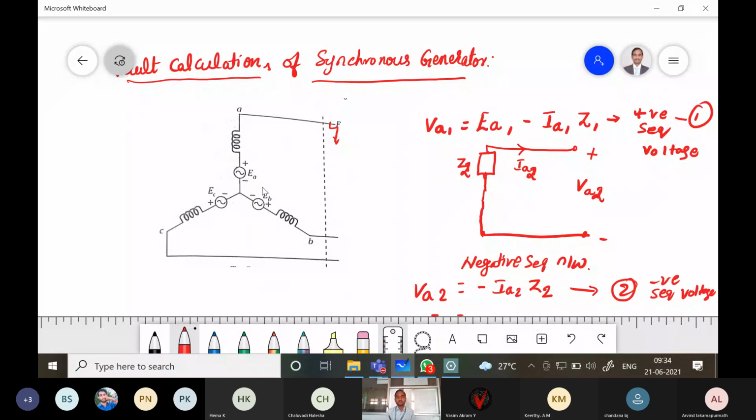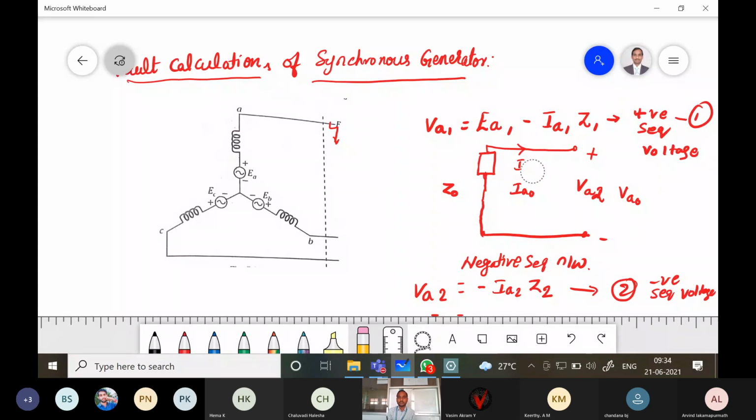The same thing. Star grounded everything can be represented here. So in this case, instead of Z2 we will write Z0, instead of IA2 we will write IA0, and instead of VA2 we will write VA0.